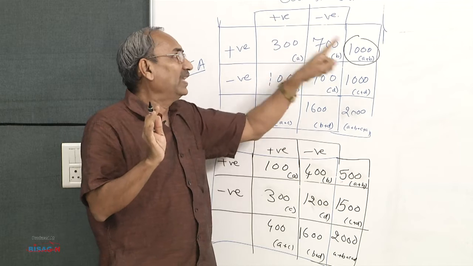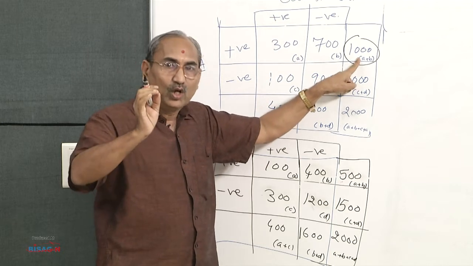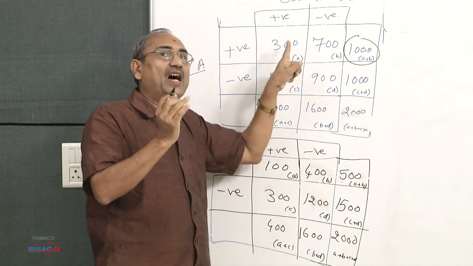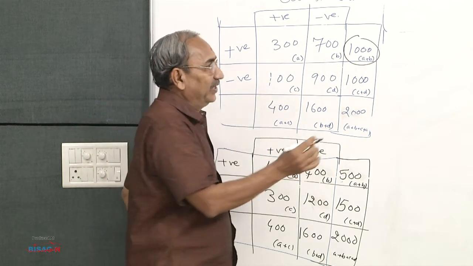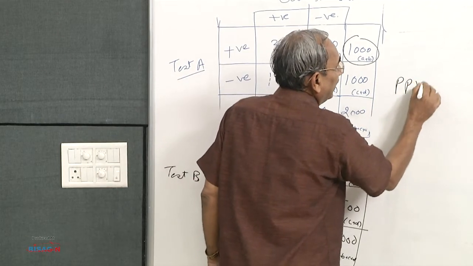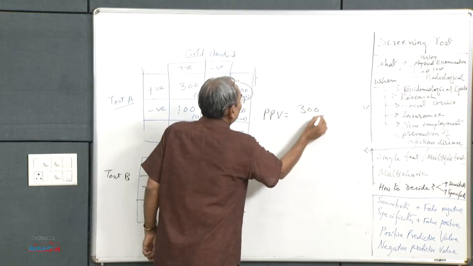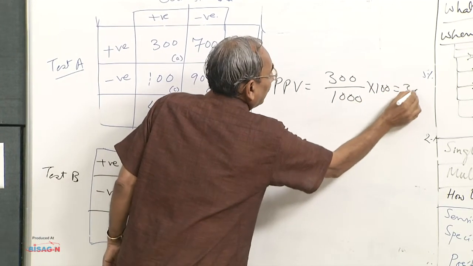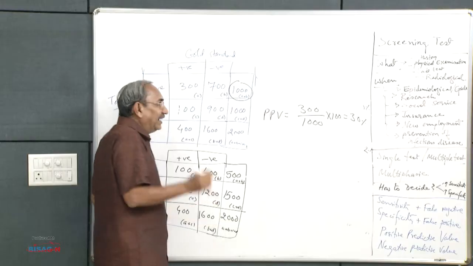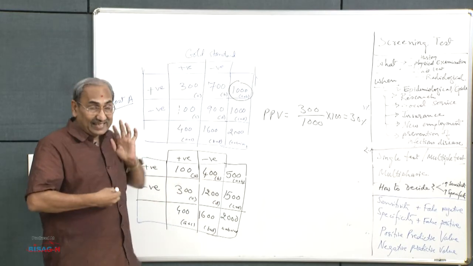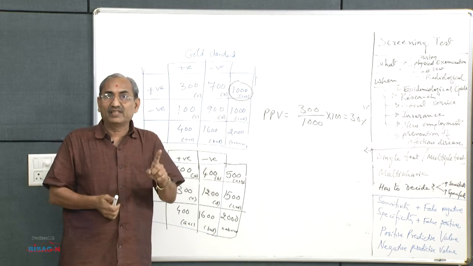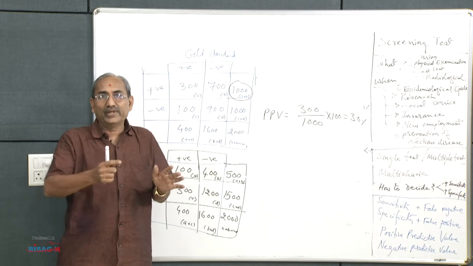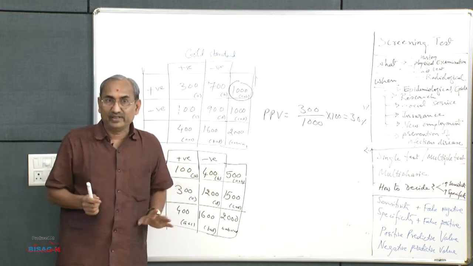That means when this test says that you are positive, the probability that the person is having a real positive is 300 out of 1000. That means the positive predictive value is 300 divided by 1000 multiplied by 100, equal to 30%. When test A says that you are positive, that means 3 out of 10, or 30 out of 100, are really positive.